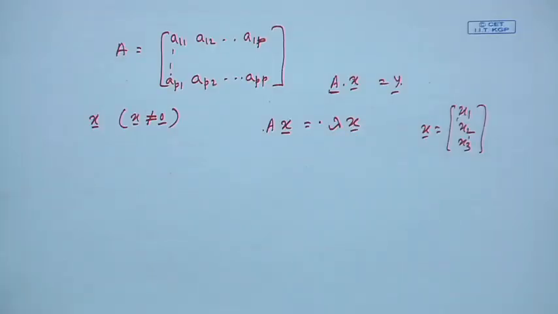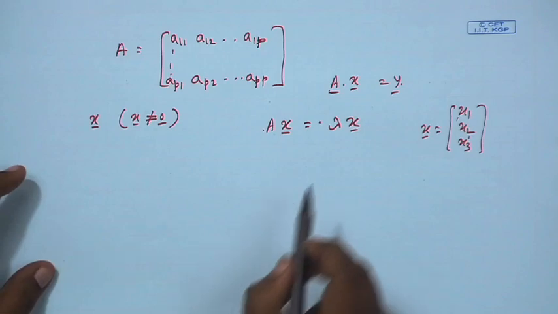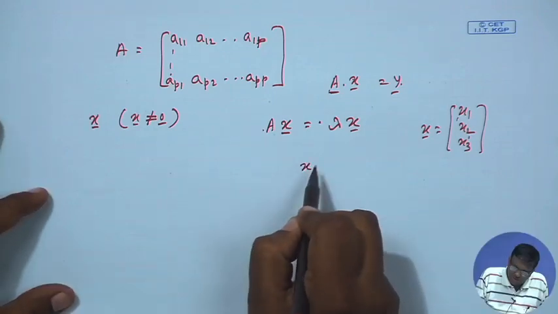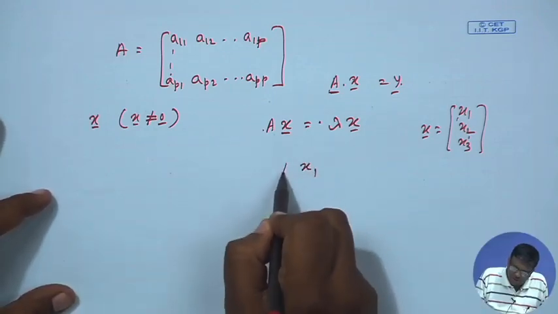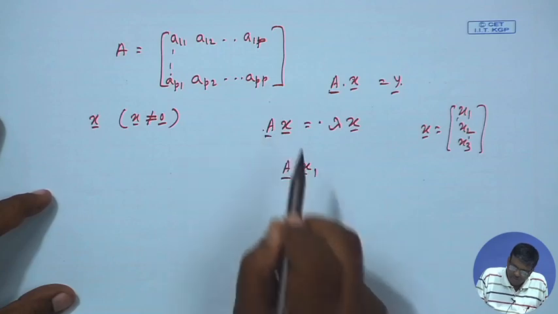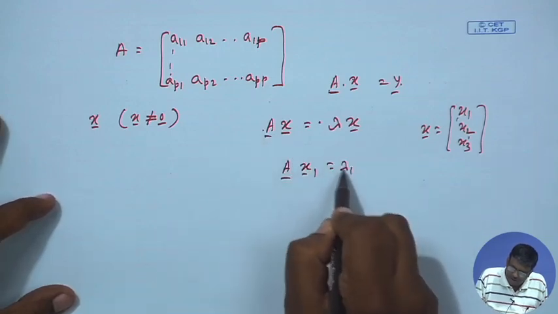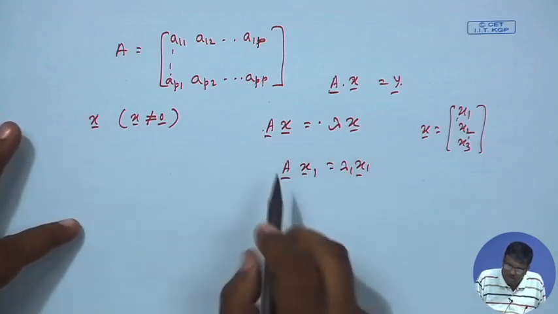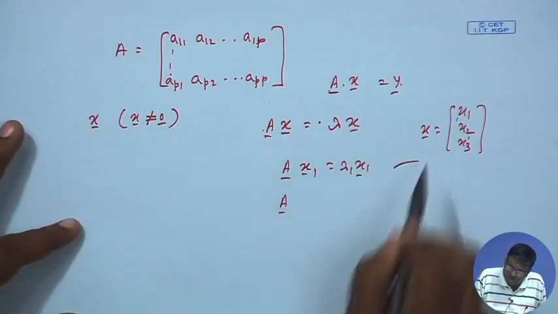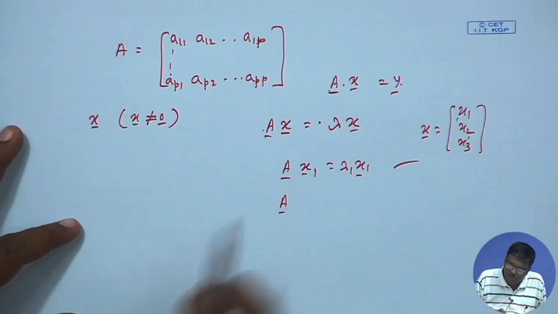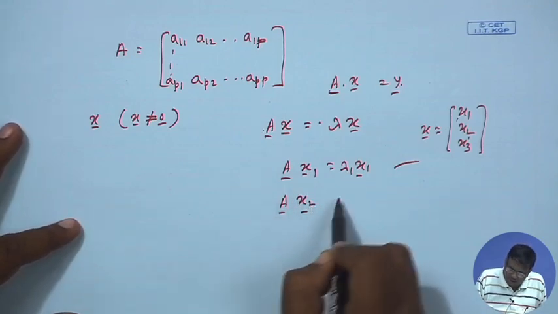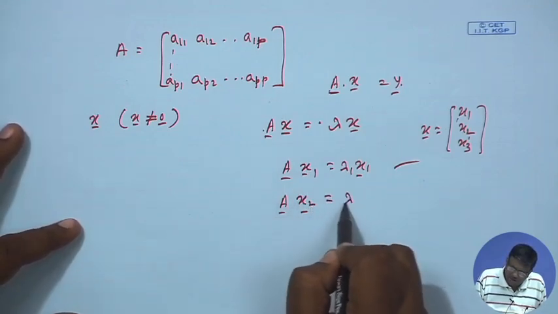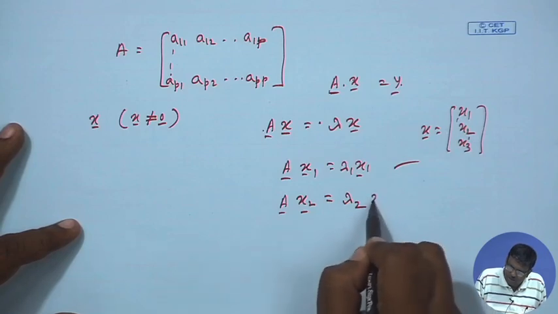Okay. Why this is important is because suppose I give you one eigenvector x1 having eigenvalue lambda 1. So, A x1 equals lambda 1 x1; you know lambda 1, you know x1. Another, x2, is also an eigenvector, A x2 equals lambda 2 x2.